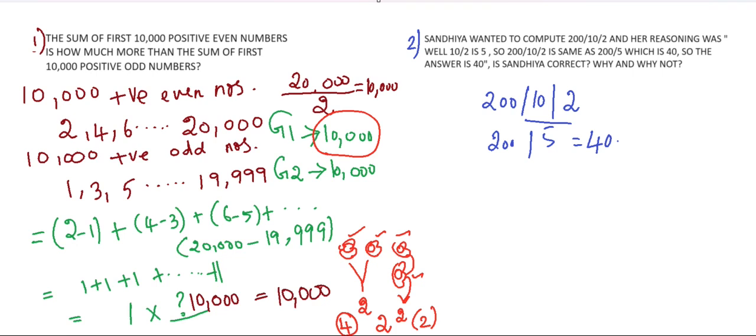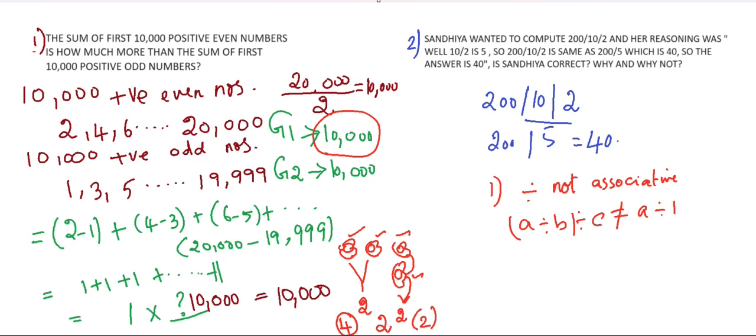Now let's see the reason. Number 1, division is not associative. What is the meaning of associative? We have seen in previous classes. A divided by B divided by C is not equivalent to A divided by B divided by C, grouped the other way.